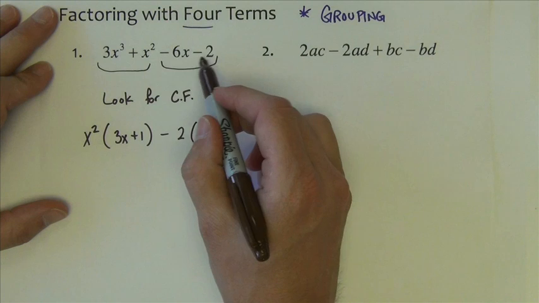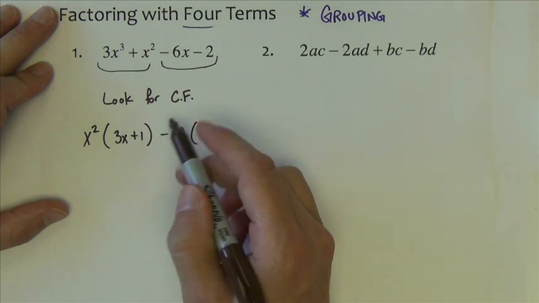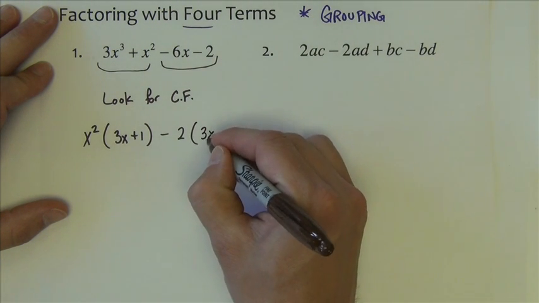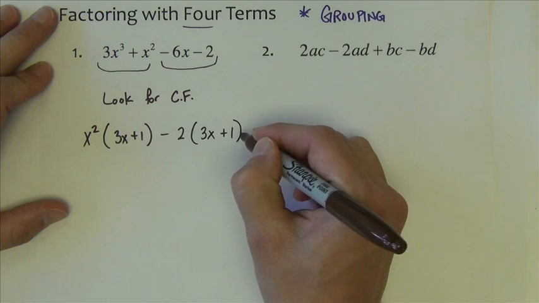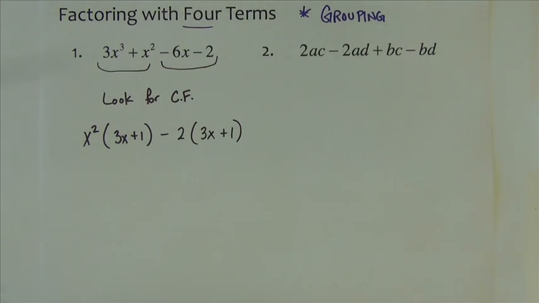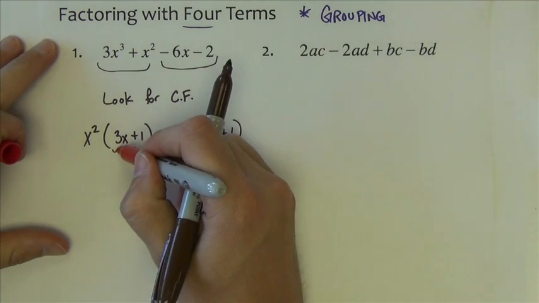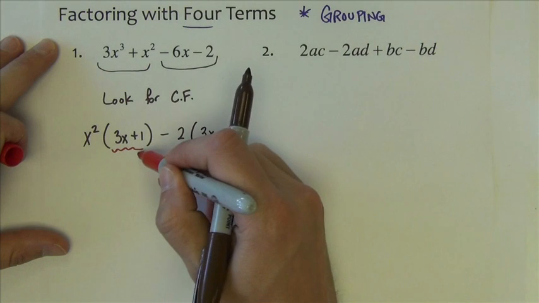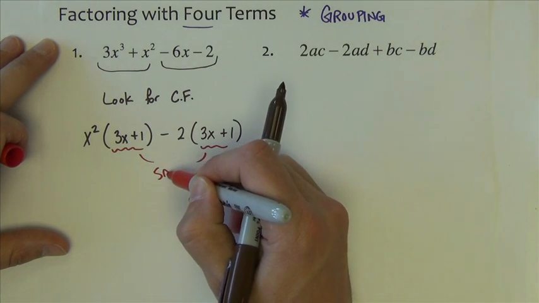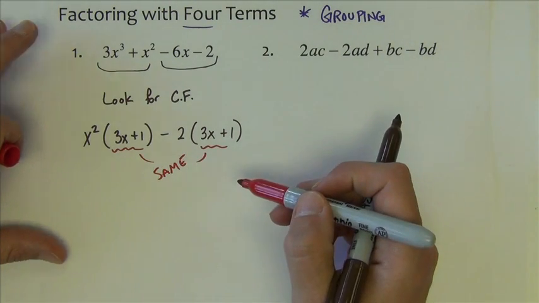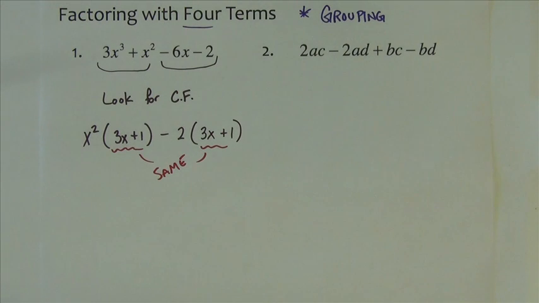So I'm going to divide these by 2 and take out the negative. It's going to leave me with 3x plus 1. What you're always going to want is for these to be the same.